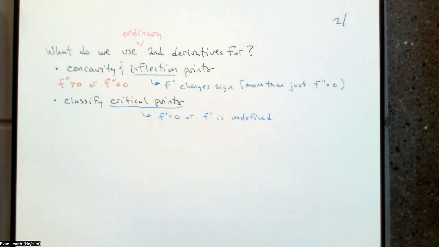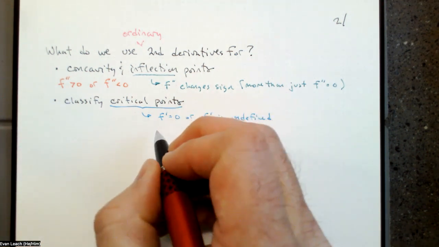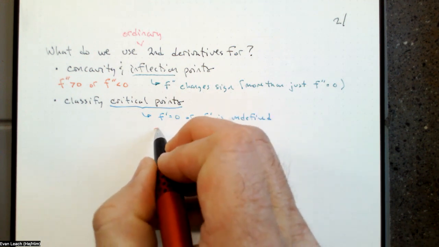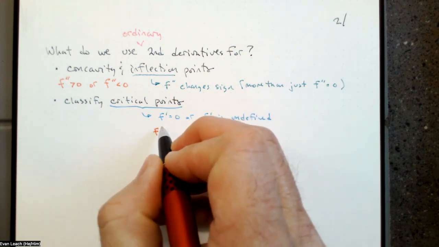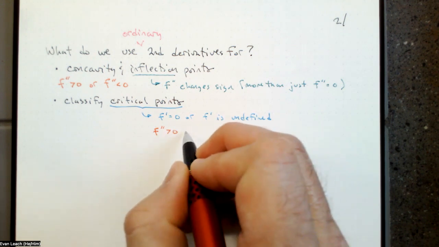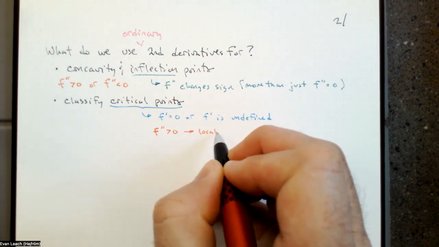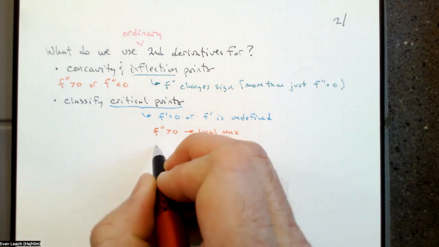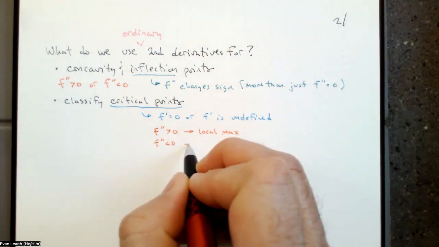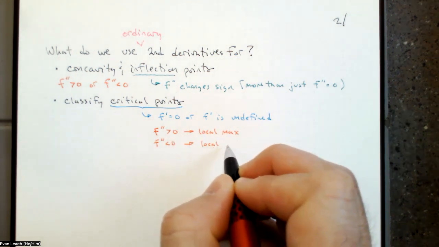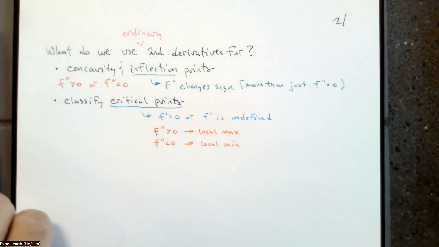We check the concavity of each critical point. If we see that the function is concave up, then we say it's a local maximum. If the function is concave down, it's a local minimum.